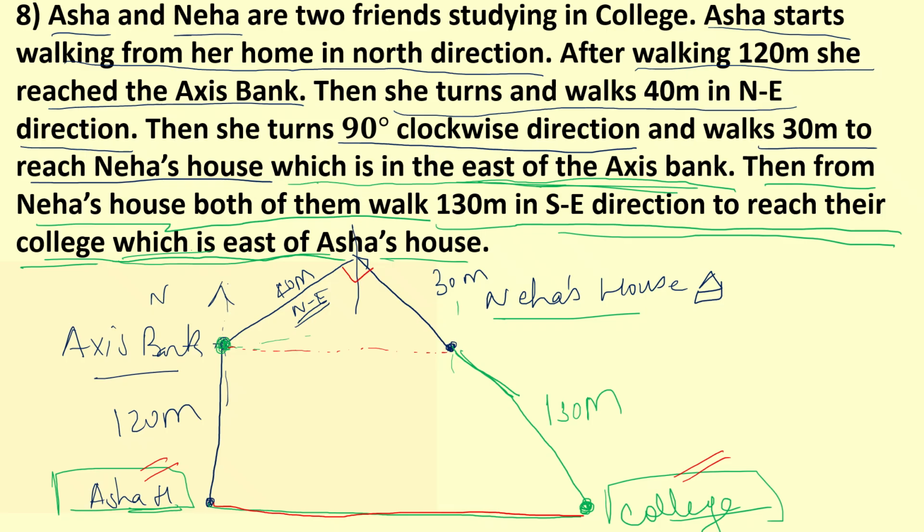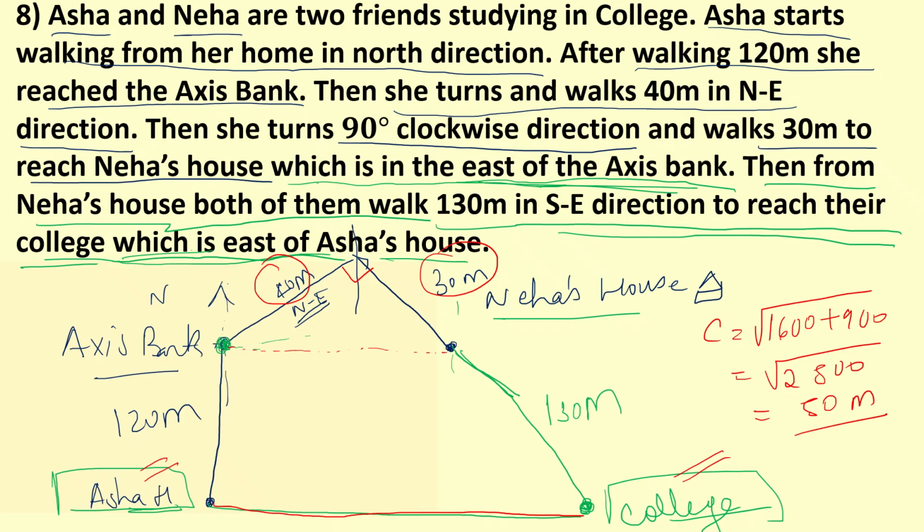Okay, so this will be what? 40 square, and your 30 square. So it will be C is equal to root of 1600 plus 900, which is 2500, that comes to 50 meter. So this side will be 50 meter using Pythagoras theorem.